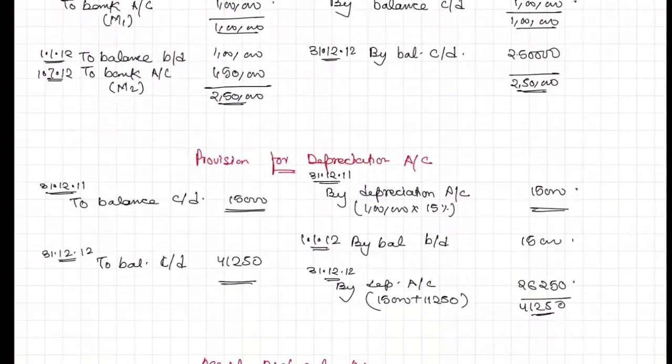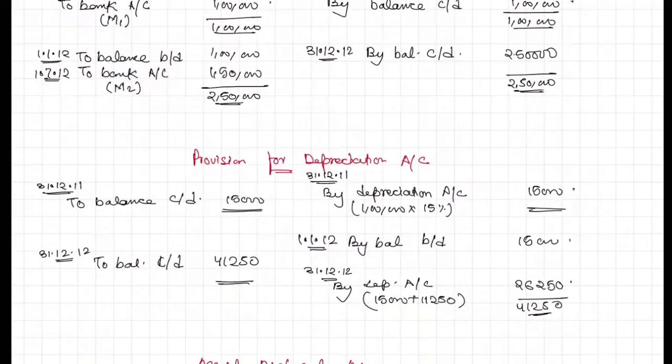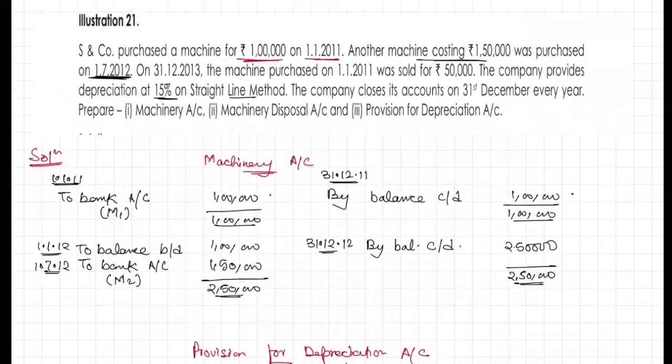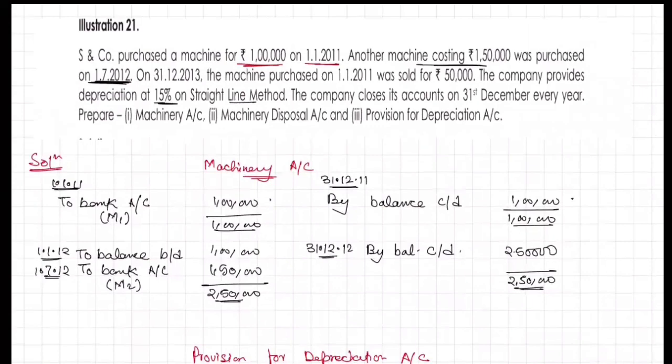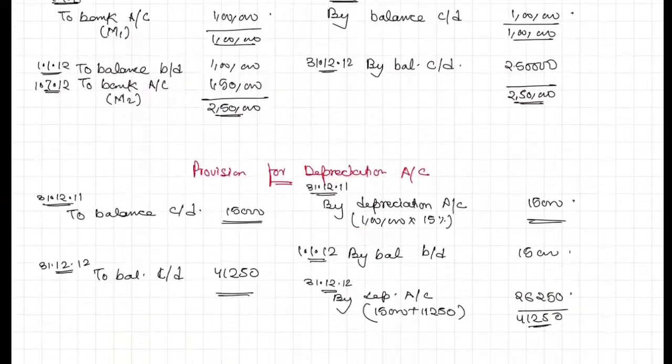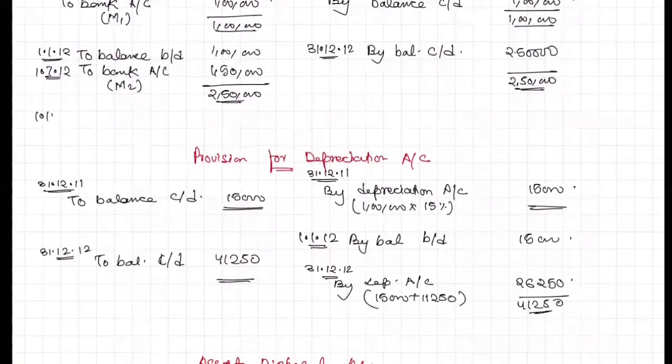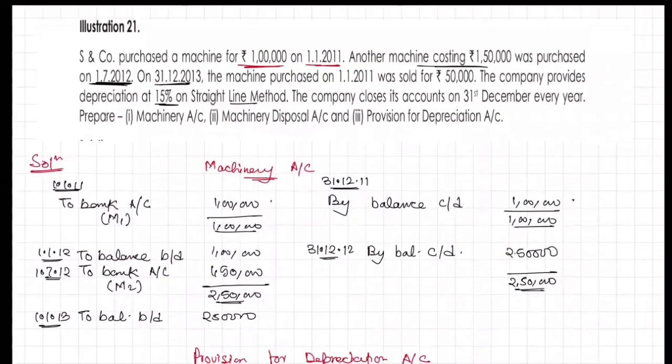Now, similarly, there will be an opening entry in the next year as well, because we have to continue it. A sale has been there, correct, at the end of the year. So you have to continue this year as well. 1st of Jan 2013, it will be to balance BD of 2,50,000. Anything more has been purchased or anything else? No, only a sale entry is there, correct?